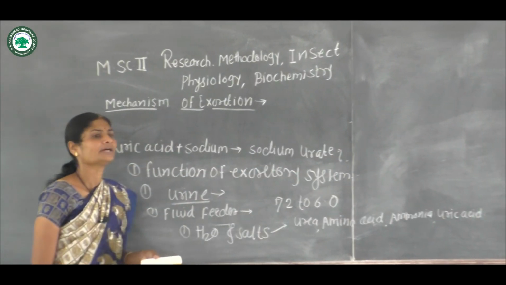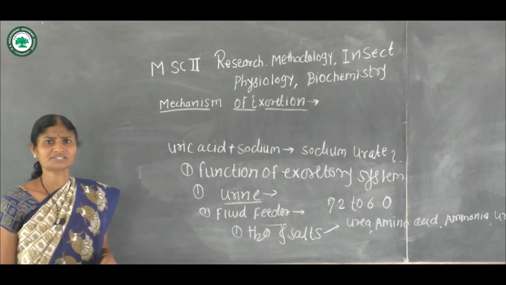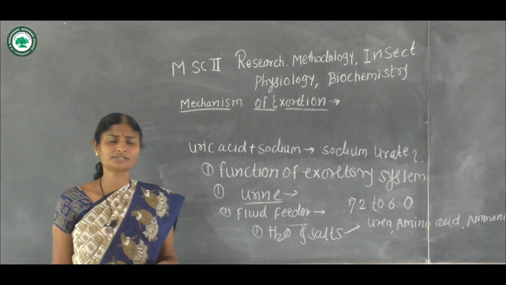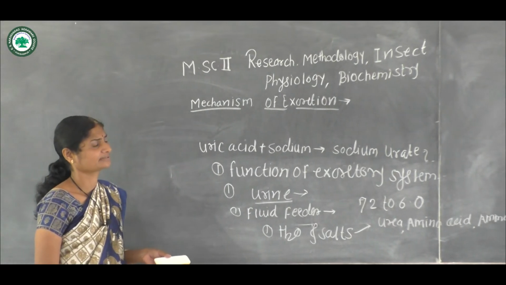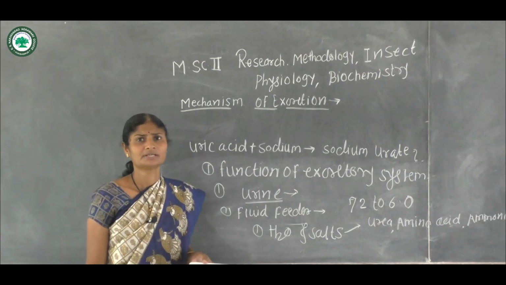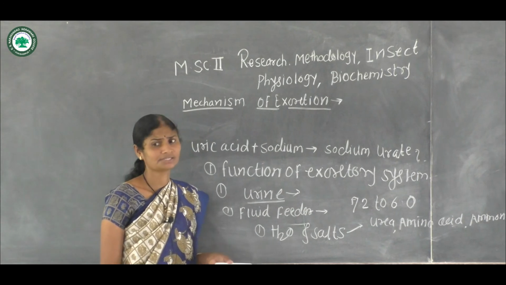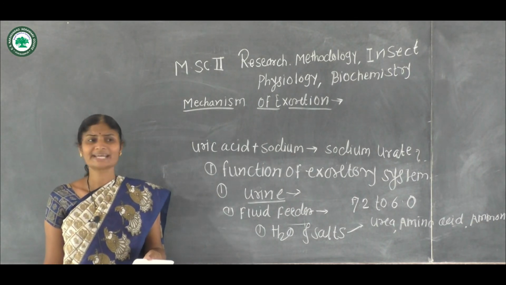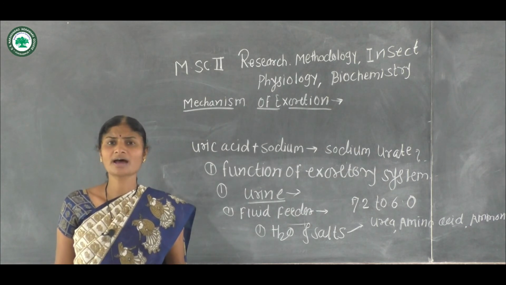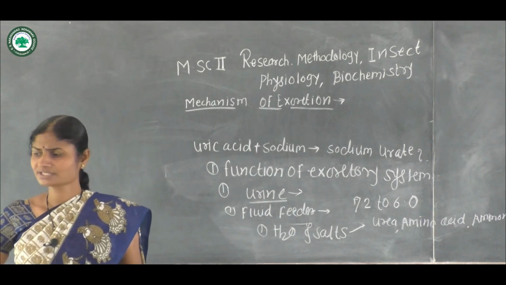Some pigments are present in insect urine, such as pteridine pigments, and other trace elements are also present in insect urine.